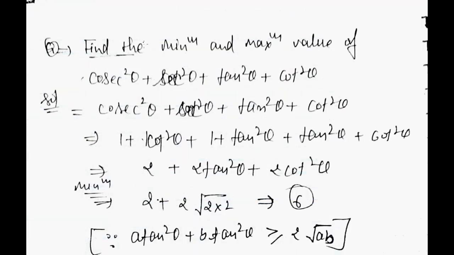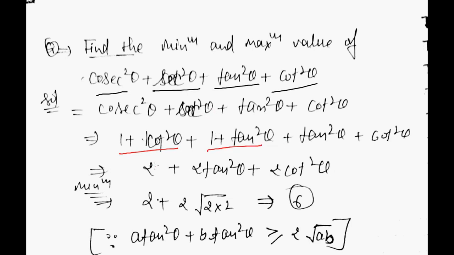See, we have to find the minimum and maximum value of this function: cosecant squared plus secant squared plus tangent squared plus cotangent squared. But as already mentioned, if any of these four ratios of theta is present, with any other combination, maximum is always infinity. So we focus only on the minimum, and in the start we will try to change everything into a single theta using known results. Cosecant squared theta I can write as 1 plus cot squared, and secant squared as 1 plus tangent squared.